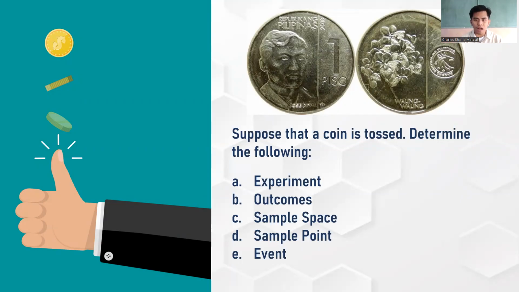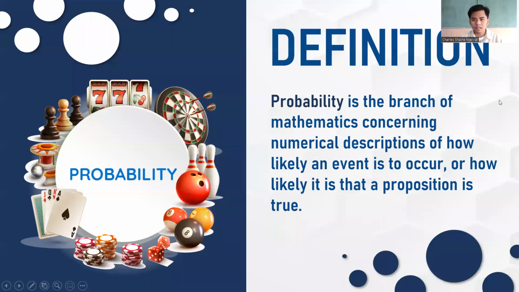Now, bago natin siya sagutin, of course, we will discuss first kung ano-ano ba itong mga ito. Right? So, let's start. Let's define first what is probability. When we say probability, it is the branch of mathematics concerning numerical descriptions of how likely an event is to occur, of how likely it is that a proposition is true.